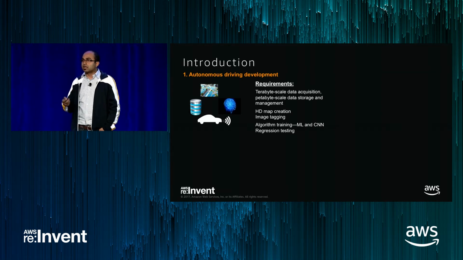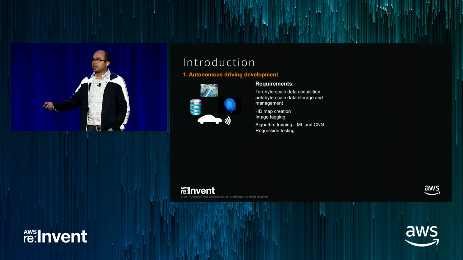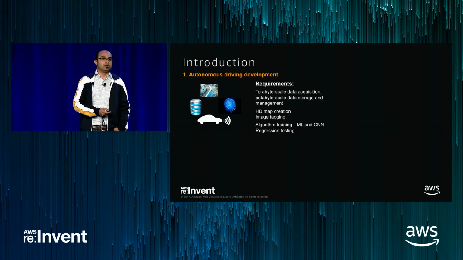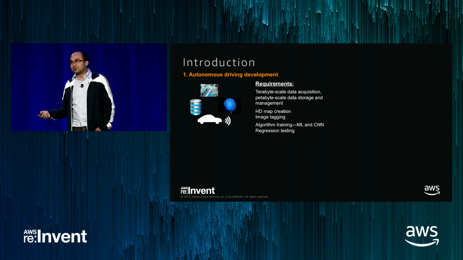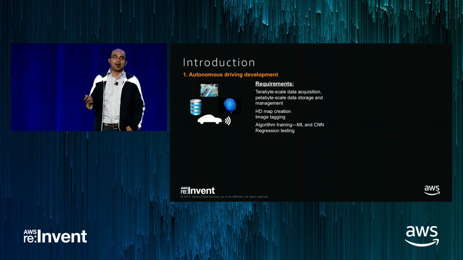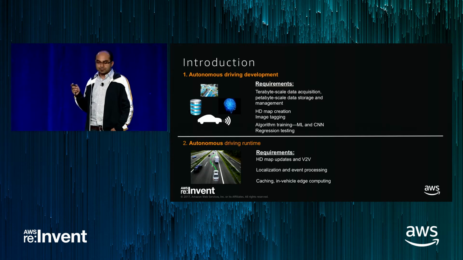And of course, tagging of those images, and a whole process of, okay, now I have the data, I actually need to annotate the data. If people are familiar with supervised learning, what we need is not just the images, we need to know what is in the image and so on. And then the algorithm training itself, and of course, testing.